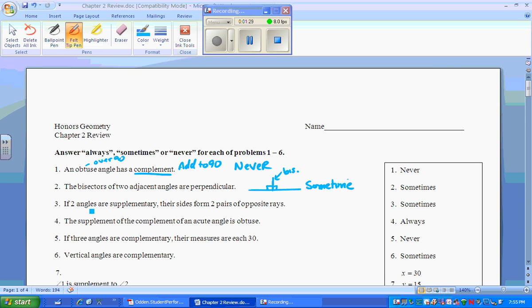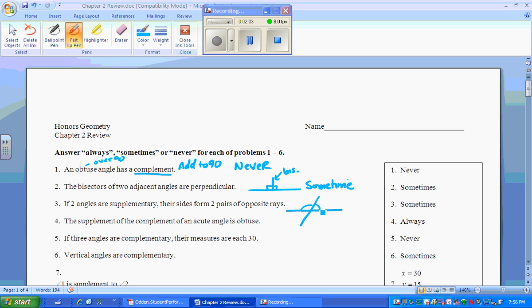Number 3, if two angles are supplementary, their sides form two pairs of opposite rays. So in this picture, you have sides.